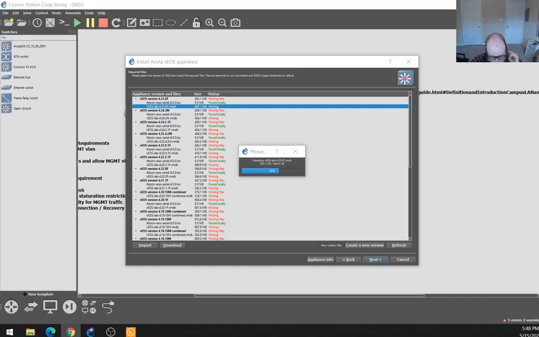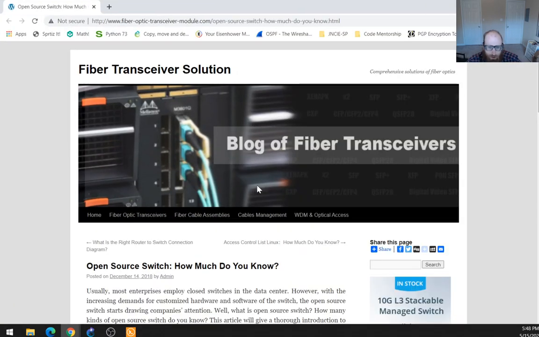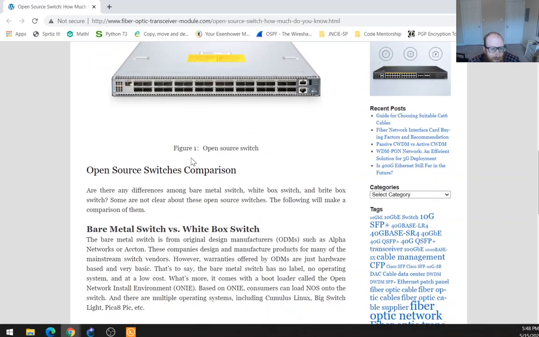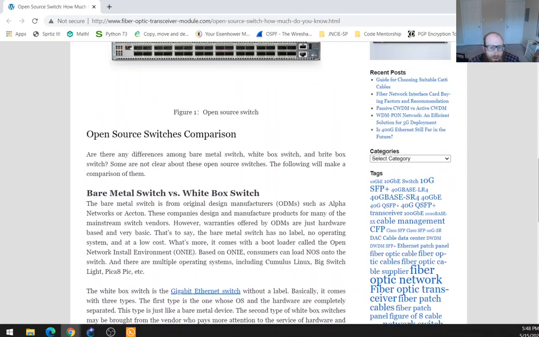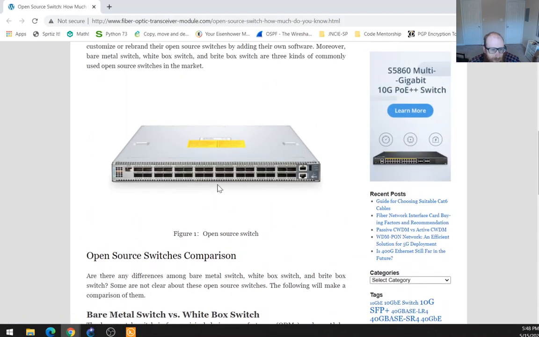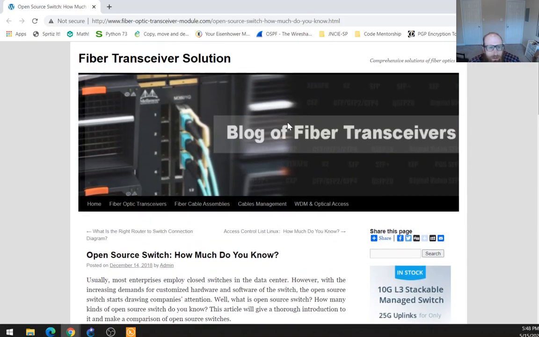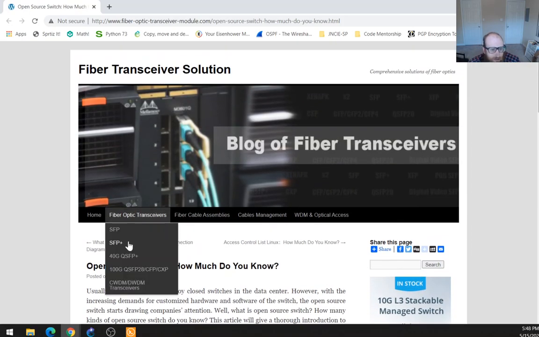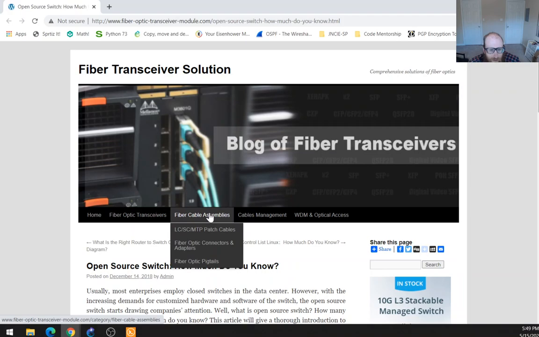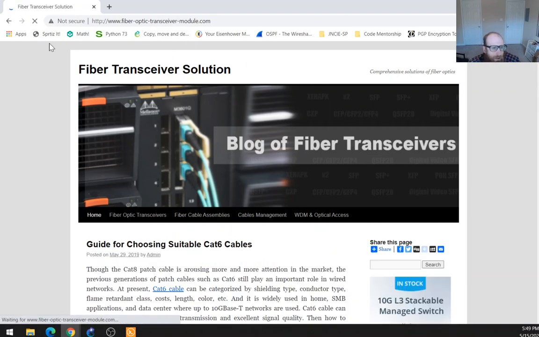Oh my god. Yeah, this is what I was talking about, this open source Cumulus Linux. So it looks like Mellanox, but these are now NVIDIA's.